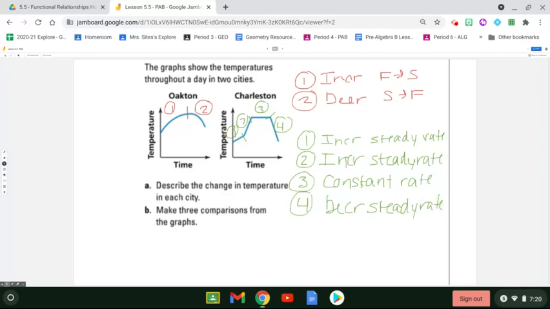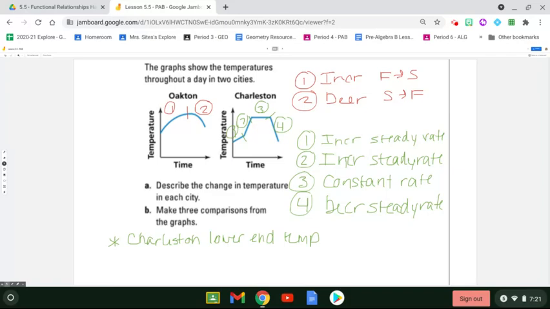Okay, let's make some comparisons. We can say that Charleston has maybe a lower end temperature than maybe at the beginning of the day. What else?